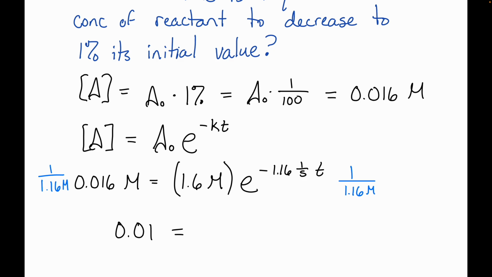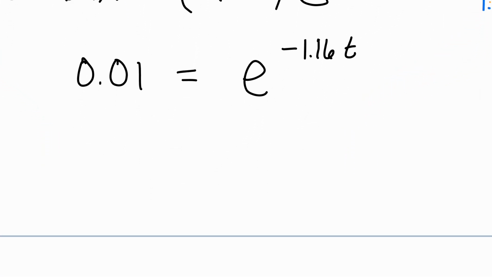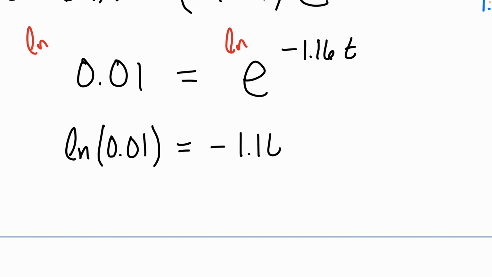My molars actually canceled out. And then this is e to the negative 1.16 t. And so like we were saying before, how are we going to get rid of that e? We're going to take the natural log of both sides. This becomes the natural log of 0.01 equals negative 1.16 times t.